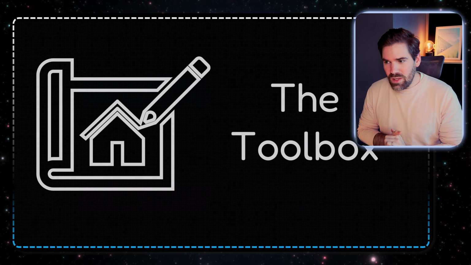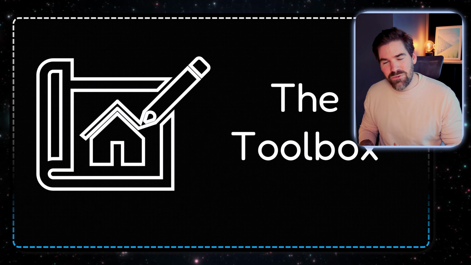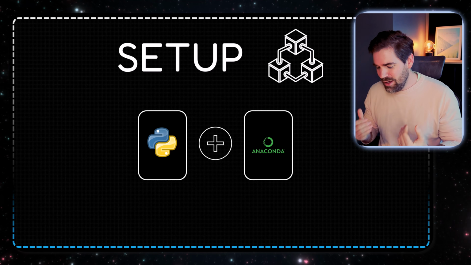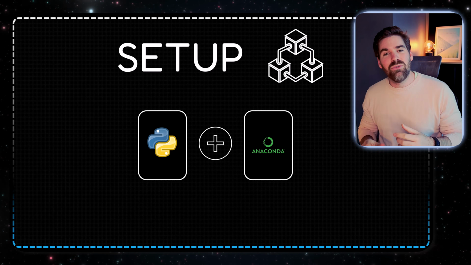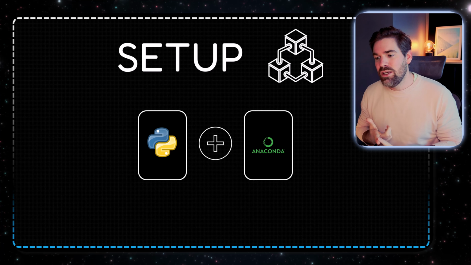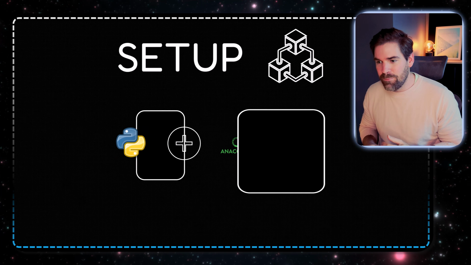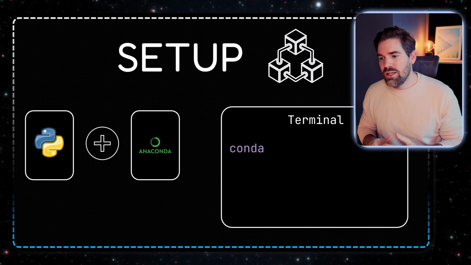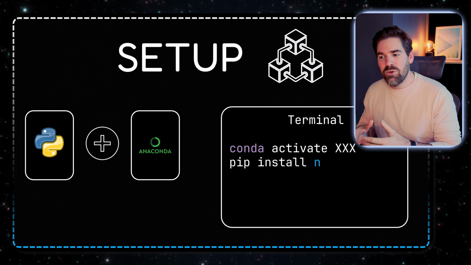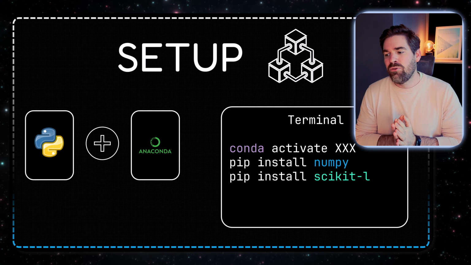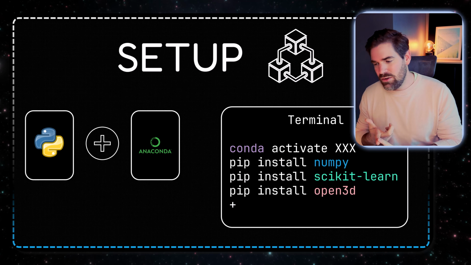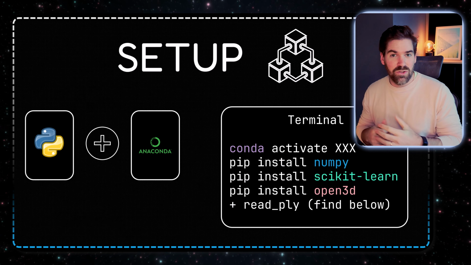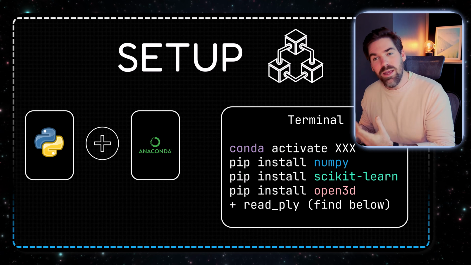So essentially, my setup is very simple. As always, I try to keep things as simple as possible to replicate and to extend. So we are going to leverage Python and the virtual environment manager Anaconda. With your terminal, you can just create a new environment, activate it, and install four main things: NumPy, the scikit-learn library, Open3D, and the last element, which is readPLY, because we want to be able to read PLY with labels.